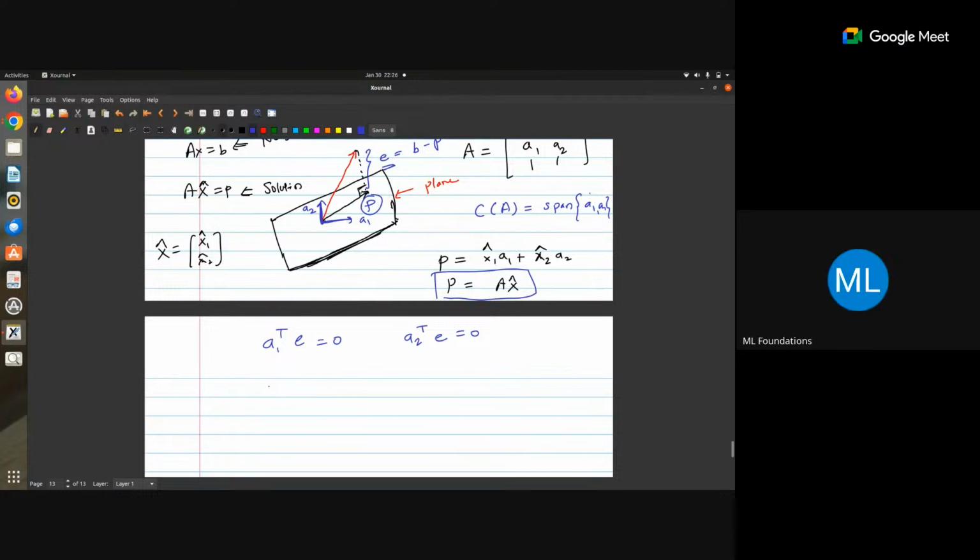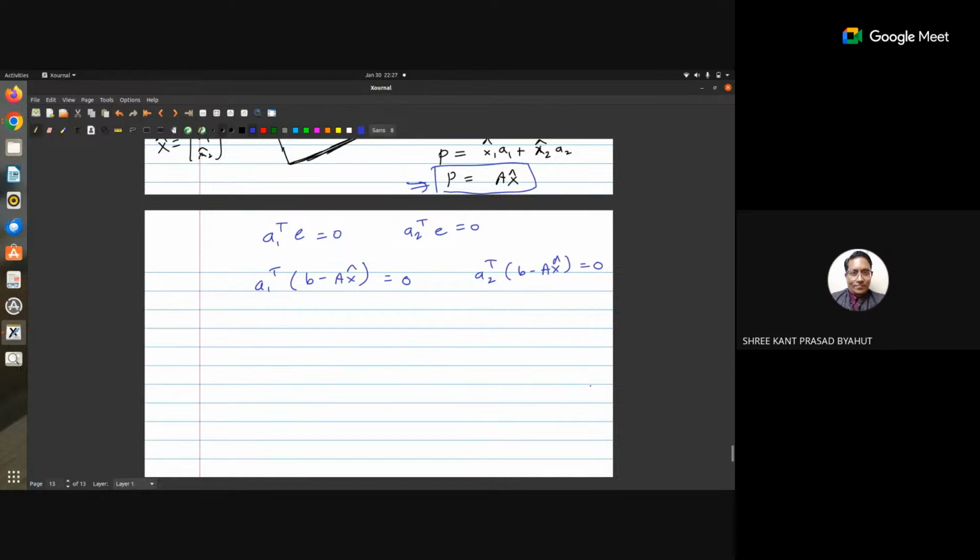We are fine until this point? And what is E? It's B minus Ax hat. So A1 transpose times (B minus Ax hat) equals 0 and A2 transpose times (B minus Ax hat) equals 0. Is that fine?